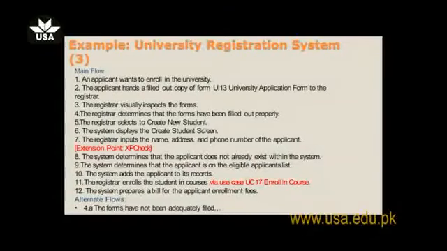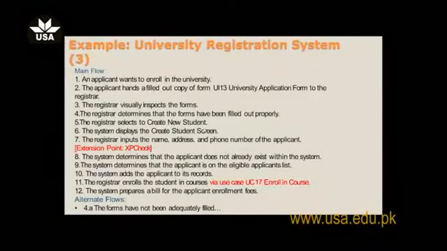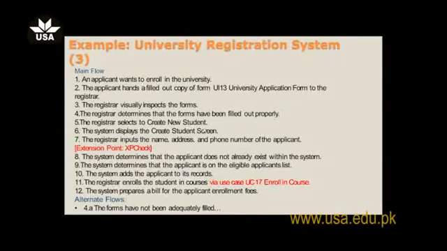So the extension point would be: the system determines that the applicant does not already exist within the system. Obviously we have exceptions and alternative ways. In this situation, there might be a chance a student has already registered online or physically. So the system should check whether a user is already available or not.